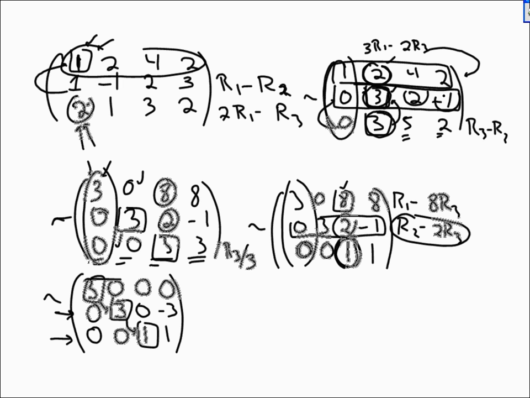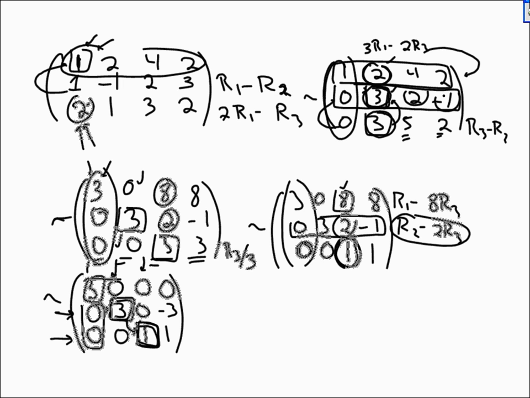And column 1 has a leading entry, and everything else is 0 but the leading entry. Column 2 has a leading entry, and everything else in that column is 0. Column 3 has a leading entry, and everything else in that column is 0. And column 4 does not have a leading entry for any row.